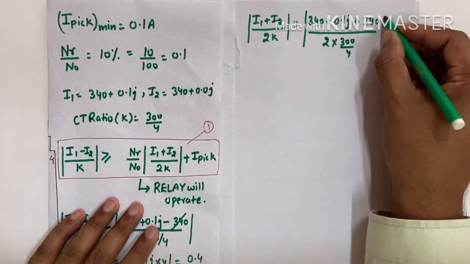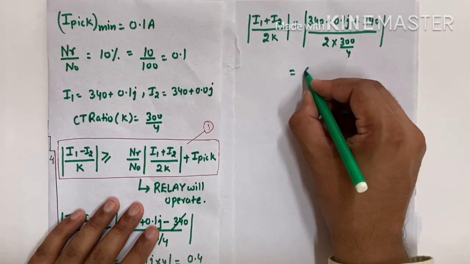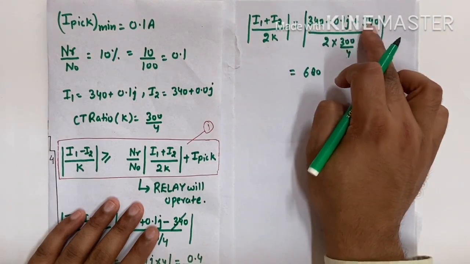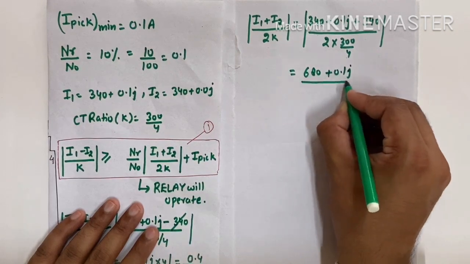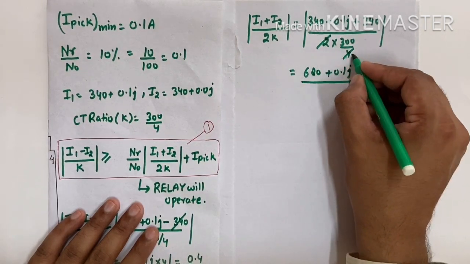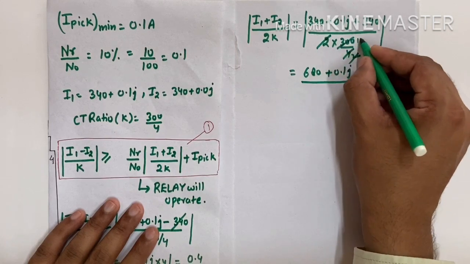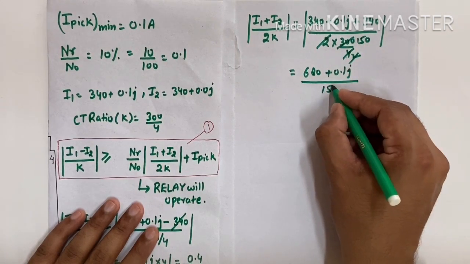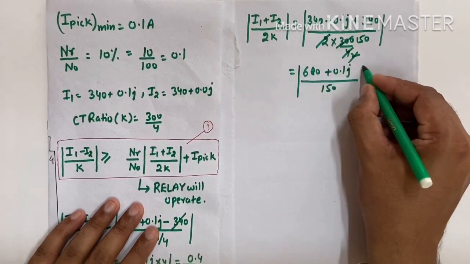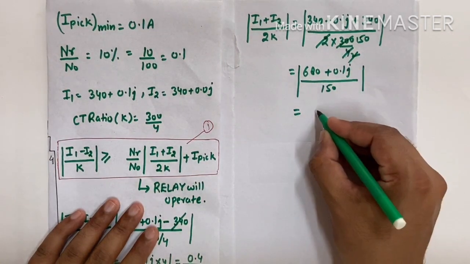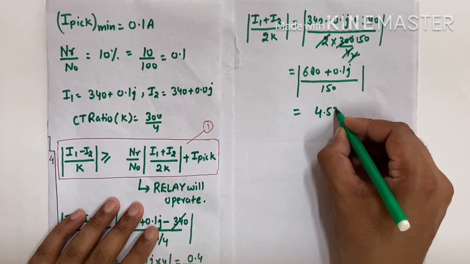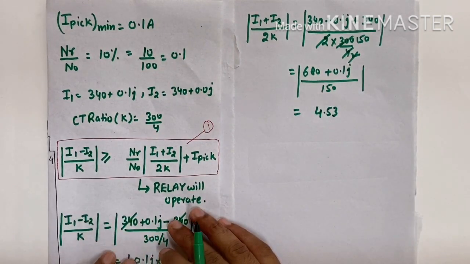After simplification, 340 plus 340 is 680 plus 0.1j upon, this cancels out by this, and we can get 150 here, in the mod. After calculating this value we will get 4.53.